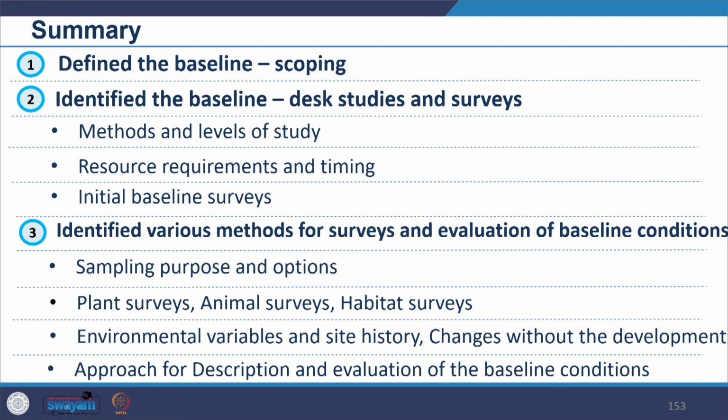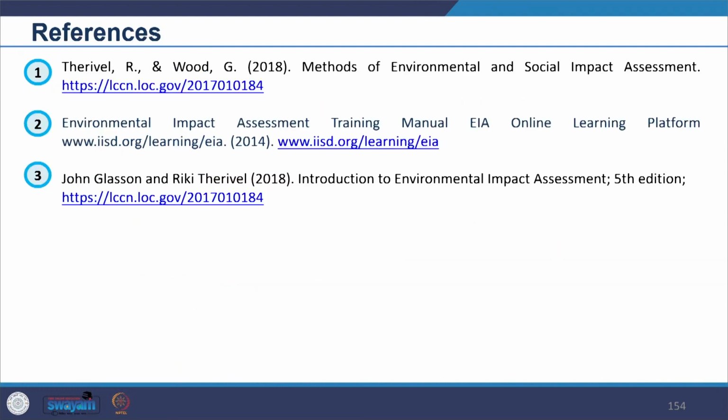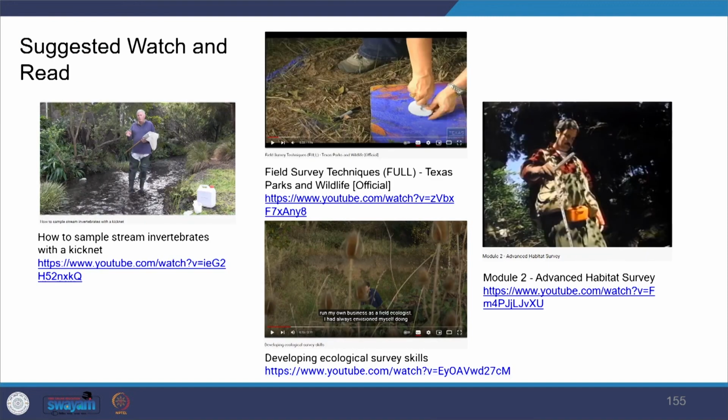Then we looked into detailed surveys, and what kind of surveys have to be undertaken, and then how the scenario has to be looked into from the historical perspective, as well as with and without the project, as well as how you present this information. So that is what we covered for today, and this was our main reference, our key textbook for this. Plus we have been referring to all the manuals here.